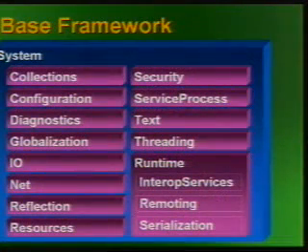And within that, we have a whole slew of various base services that are consistently available throughout the platform. For example, in the Collections namespace, you'll find things like sorted lists or growable lists, hash tables, and so forth. In the IO namespace, you'll find file I/O and streams. In the Net namespace, you'll find stuff that allows you to do TCP/IP and sockets, and we have threading, etc., etc. You get the idea.